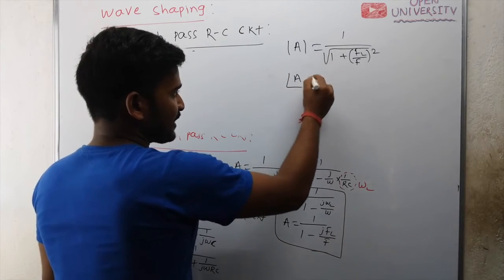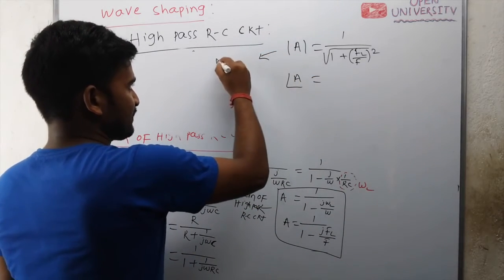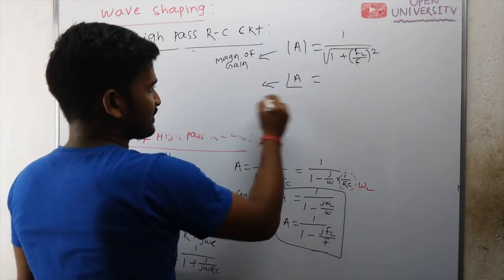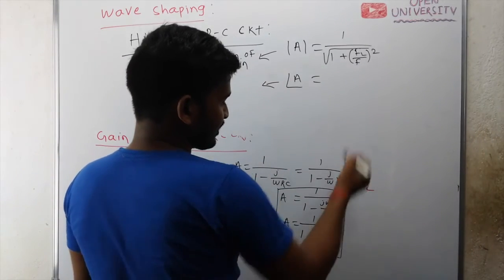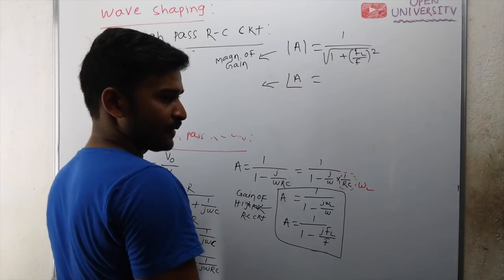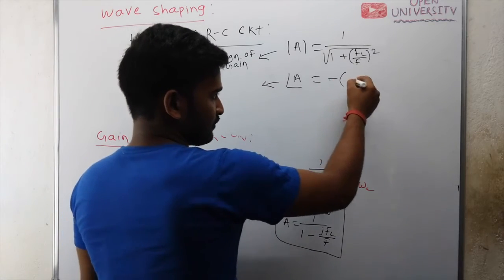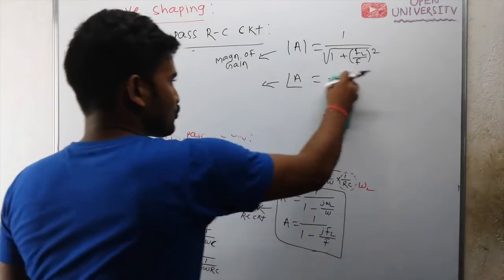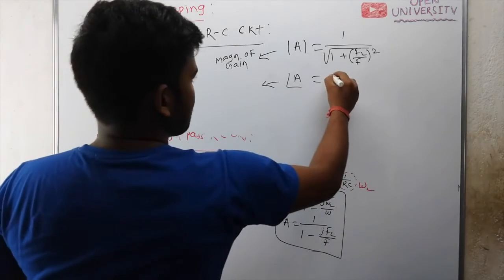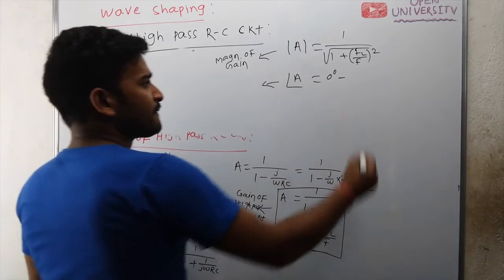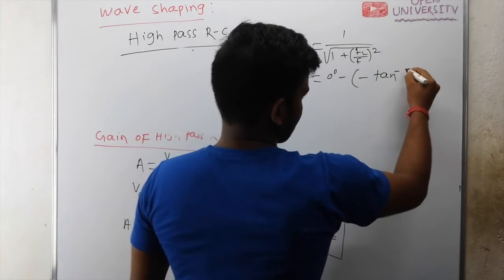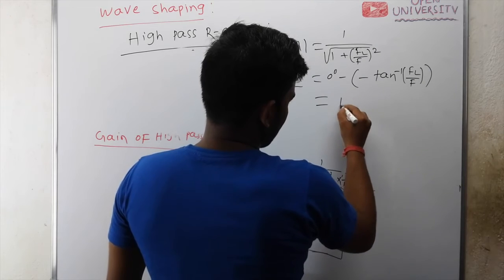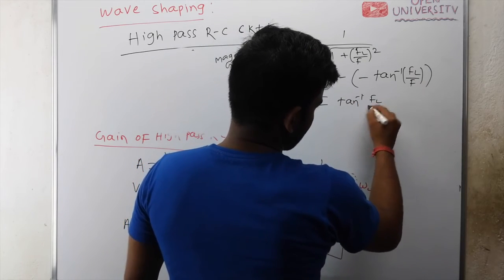This is the magnitude of gain of your high pass RC circuit, and if you want to find out the phase of gain, it will be the angle of numerator, which is 0 degree, minus the denominator angle, which is minus tan inverse fL by f, so it will be plus tan inverse fL by f.